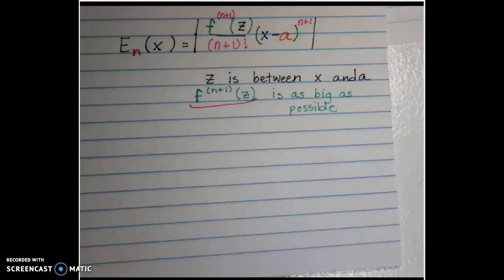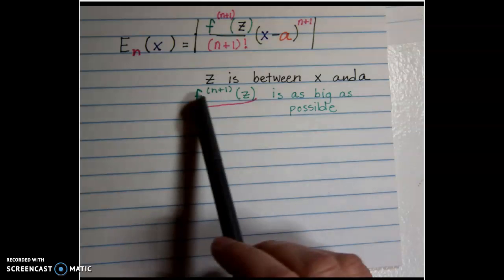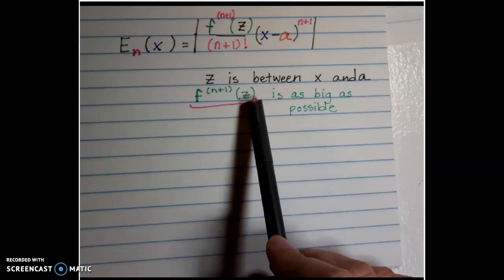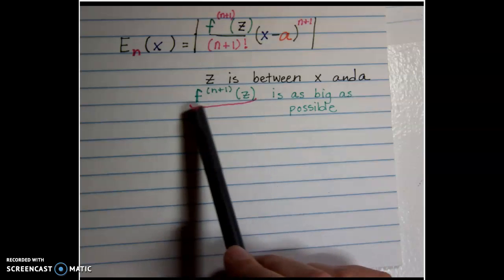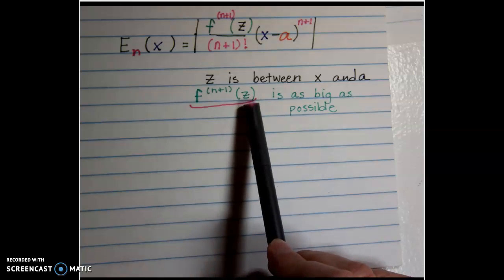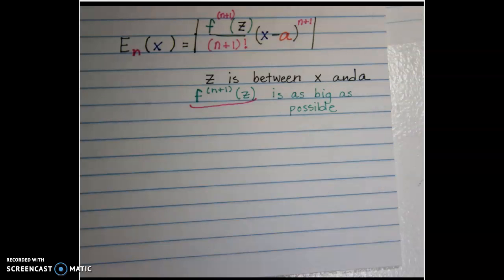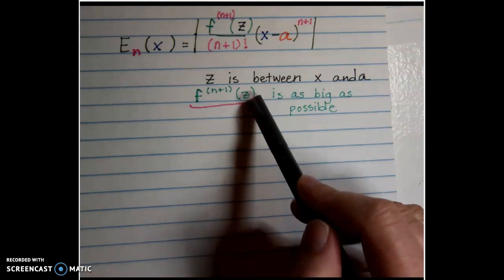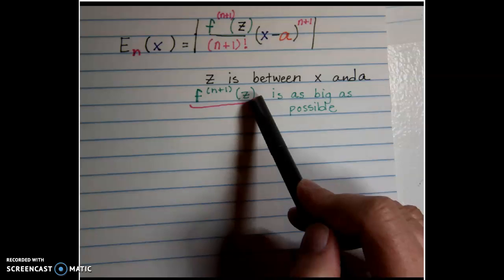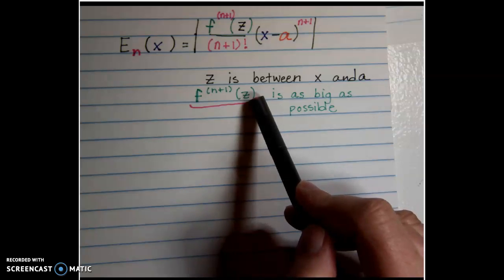So a lot of times, if we're doing the Lagrange error bound and we have to estimate this one more derivative, we say, if it's sine or cosine, we're just going to call that 1 because we're dividing by n plus 1 factorial and we have an n plus 1 power. So really the magnitude of this, if it's between -1 and 1, we're going to just make it as big as possible and call it 1.